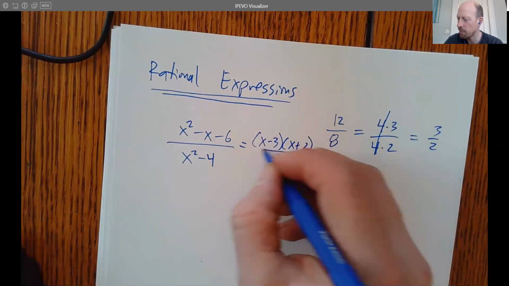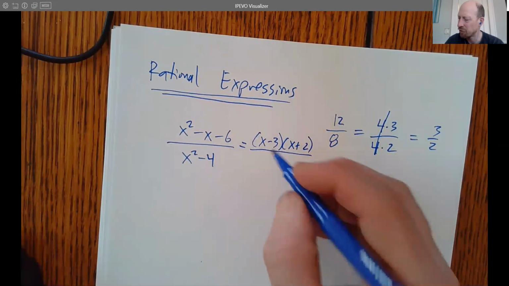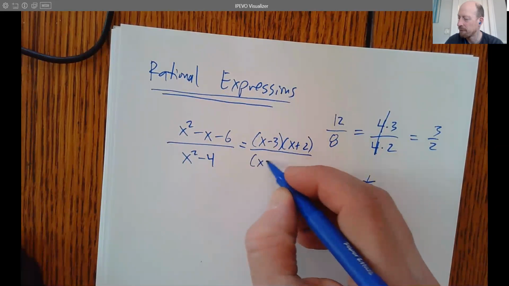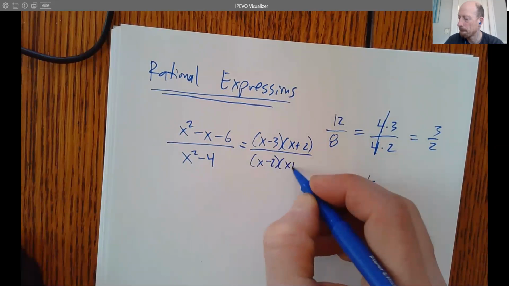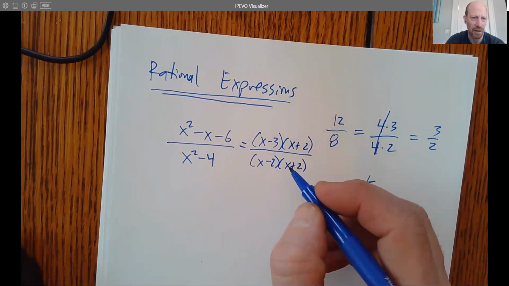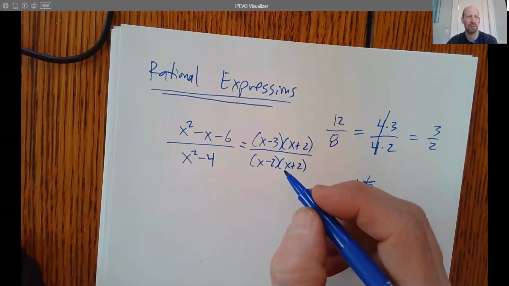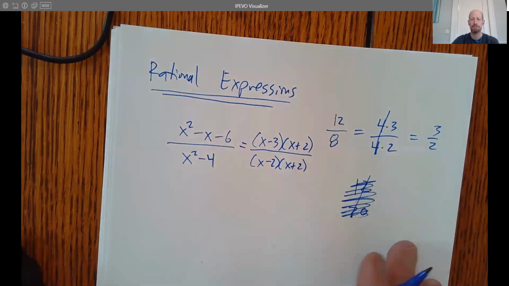I know that some of you may not be able to move directly there so quickly, but you could get there with our factoring strategies, the same strategies we were using before in section 4.